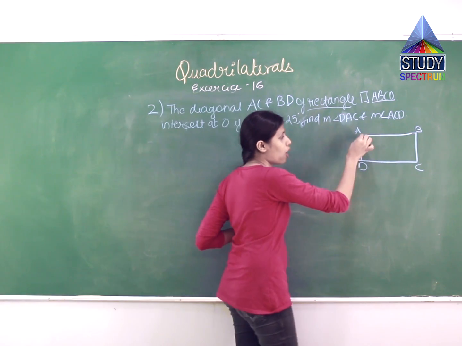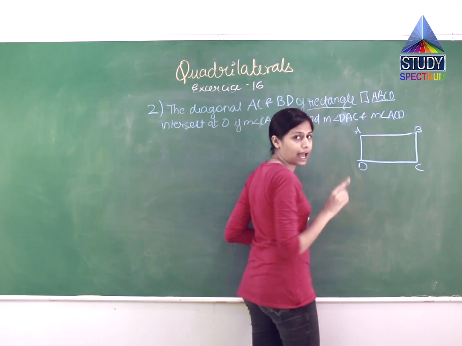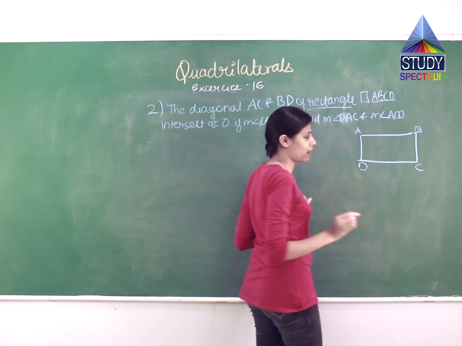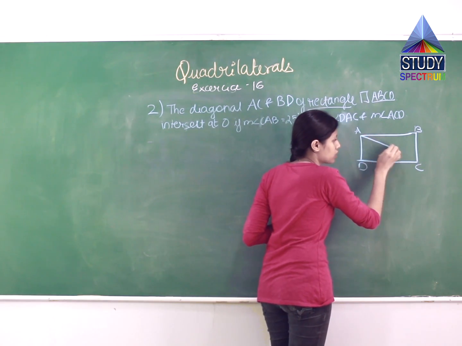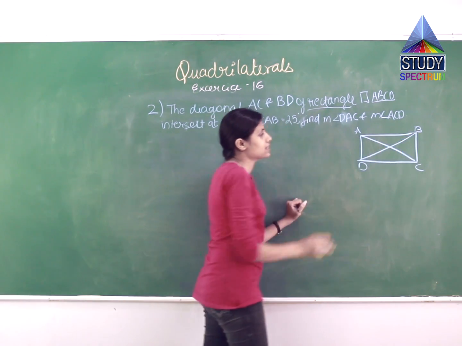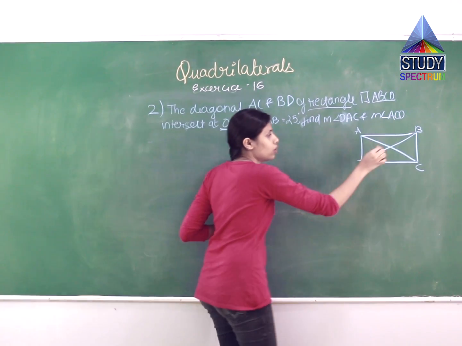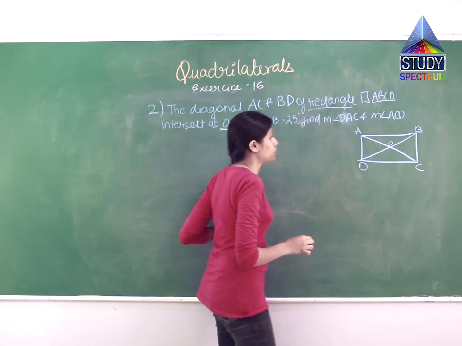So we have to first draw diagonal AC, which connects from A to C, the opposite diagonals of the rectangle. So here is AC and this is BD. Where do these intersect? It intersects at point O. So it is over here, O.